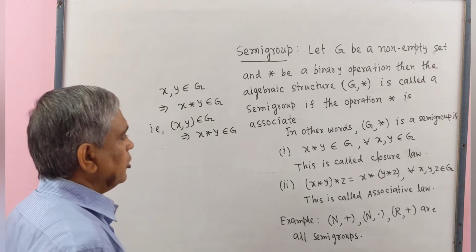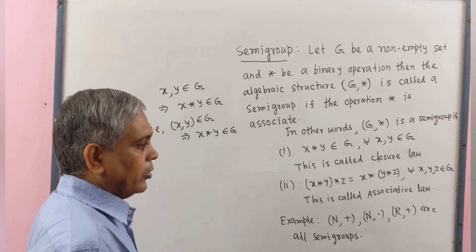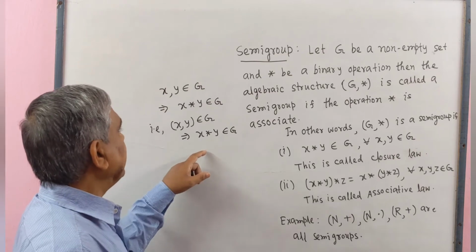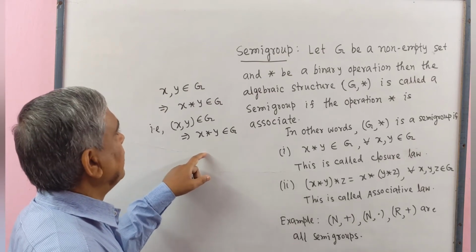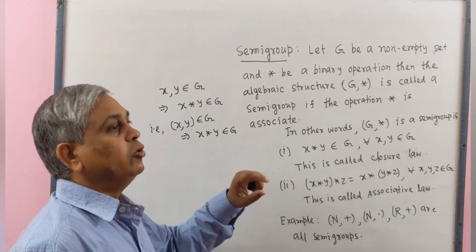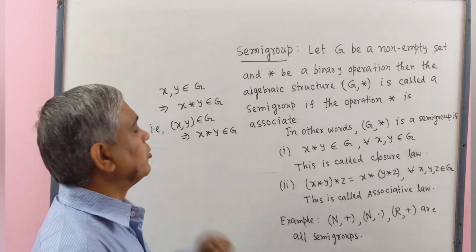Now, we will go further by including another property, and we get a new algebraic structure, that is semi-group.